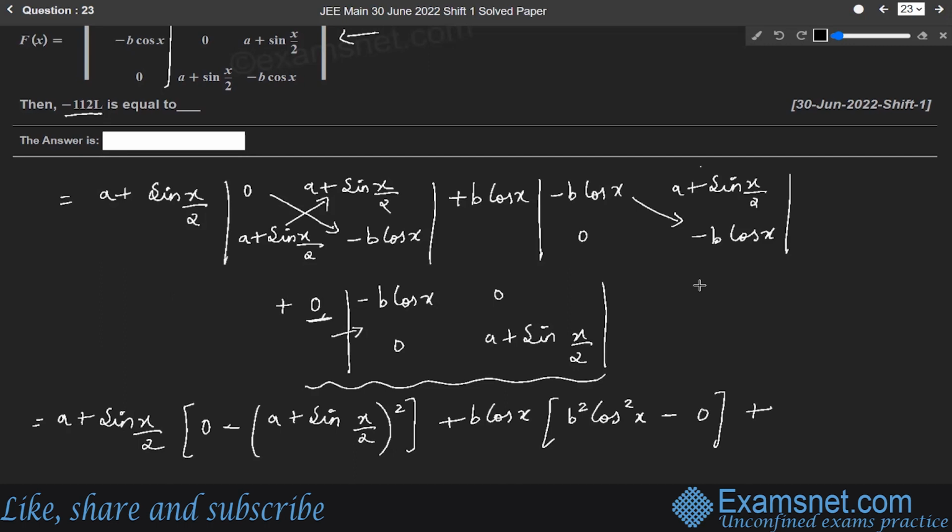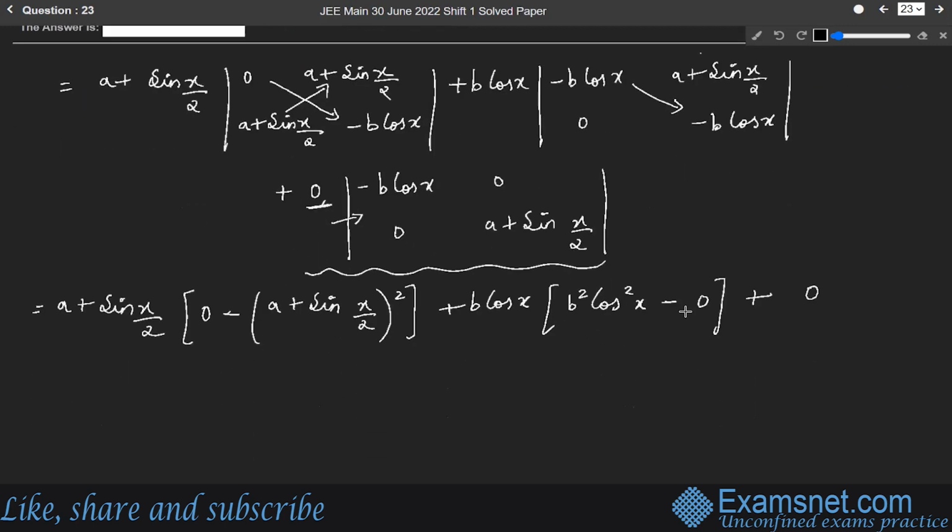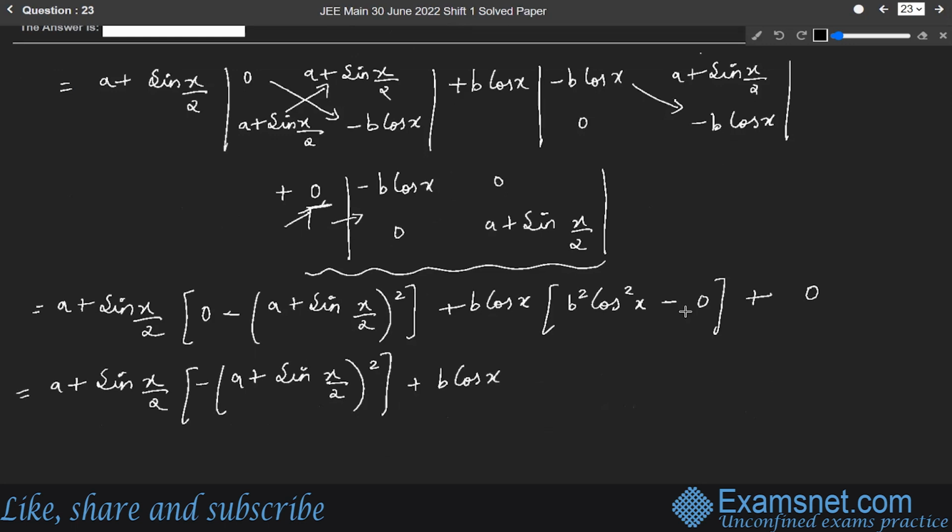Then next, we know that the third term is 0. Since there is a 0 present here, 0 into this whole term will be 0. So we have a plus sine x by 2 multiplied by minus of a plus sine x by 2 square, plus b cos x into b square cos square x, right?